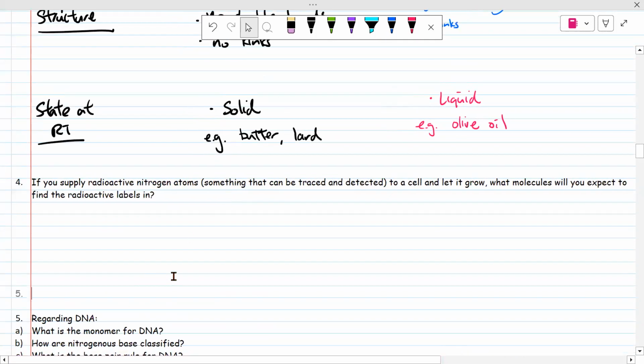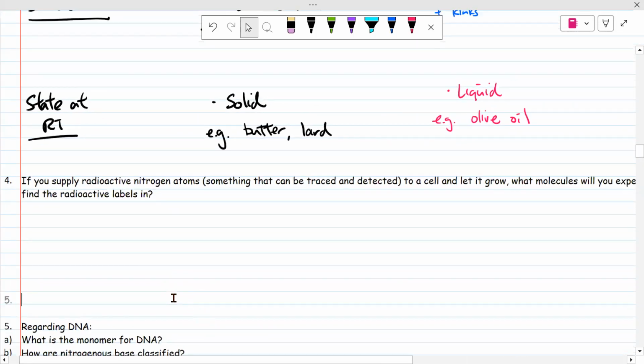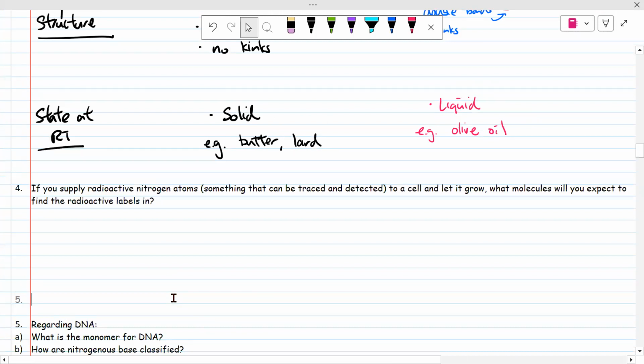If you supply a radioactive nitrogen atom, if you don't know what that means, that's okay, because in brackets it says it's something that you can trace and detect. What molecules will you expect to find the radioactive labels in? This is just a very indirect way of asking what molecules contain nitrogen. Of the 4 macromolecules that we talked about, which one has nitrogen?